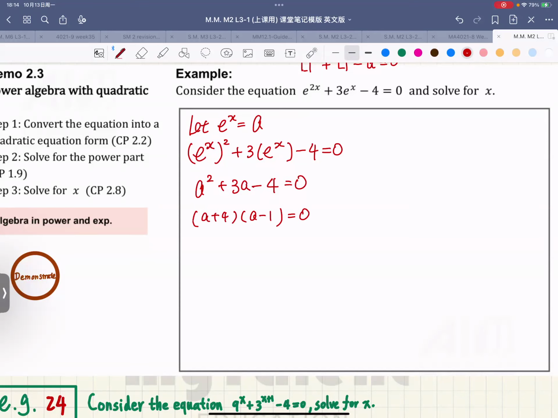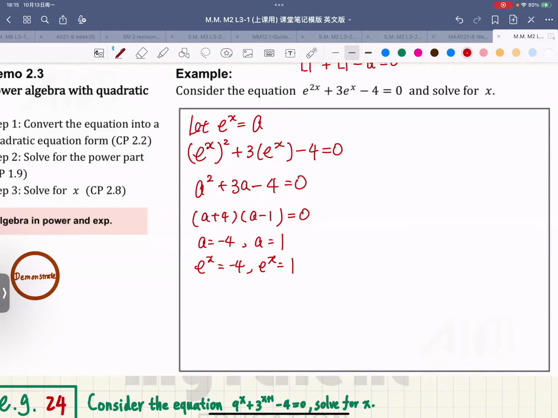Right, so we have a is equal to -4 or a is equal to 1. That's the null factor law. Right, now we have two options. Because a is equal to e to the power of x, we have e to the power of x is equal to -4, or e to the power of x is equal to 1.